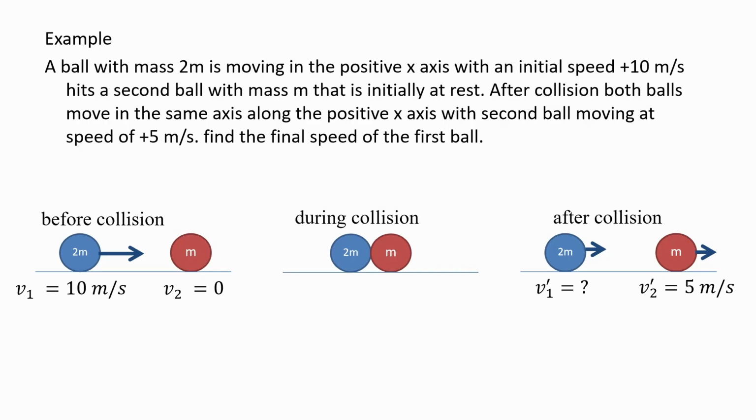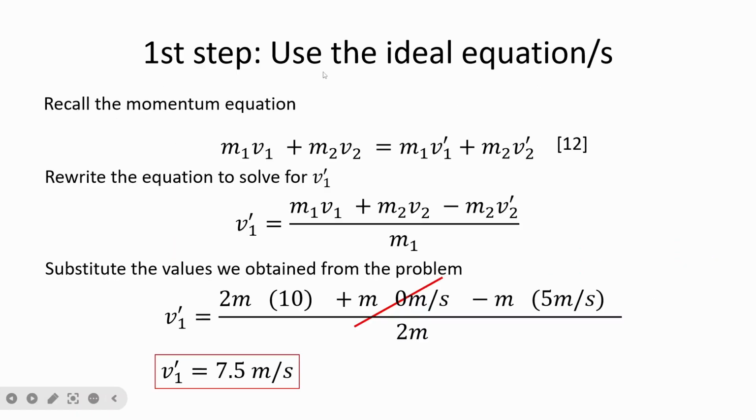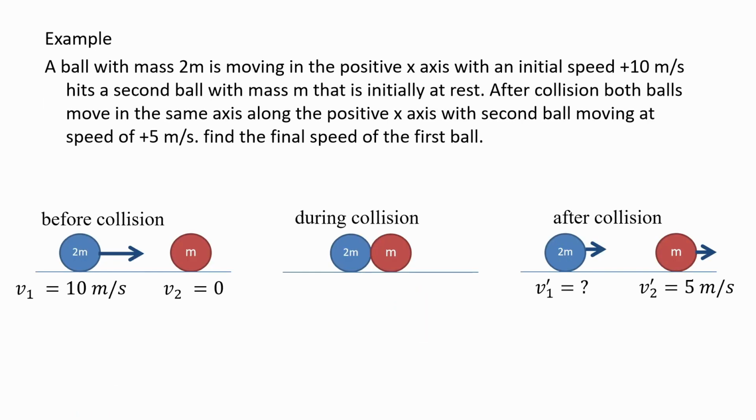you have here a ball with mass 2m moving in the positive x-axis. So let's say this one is the positive x. Okay, and it hits a second ball that is initially at rest, so v2 equals 0.